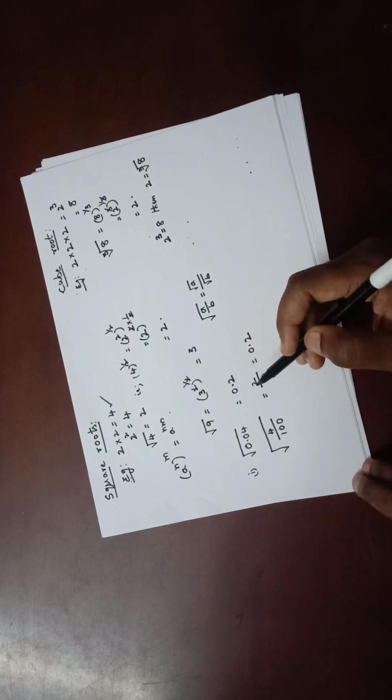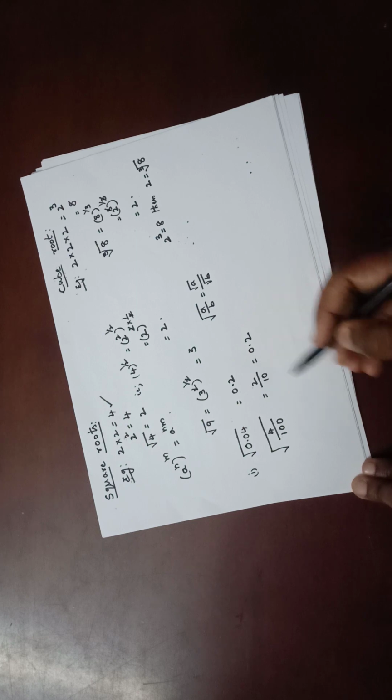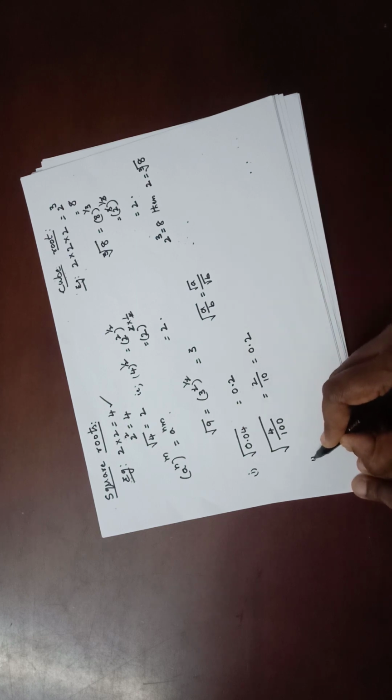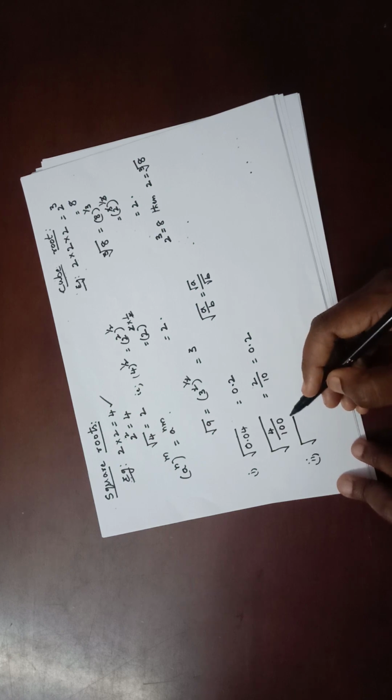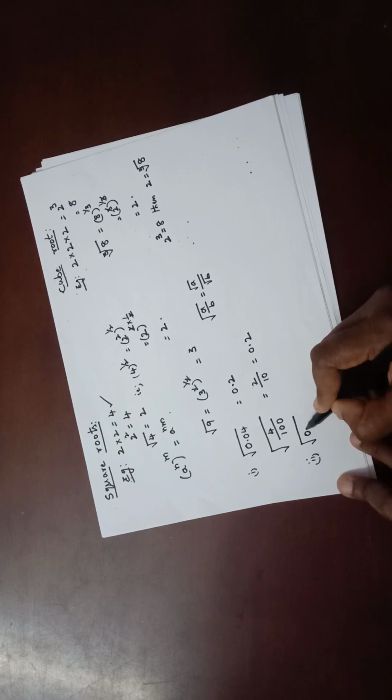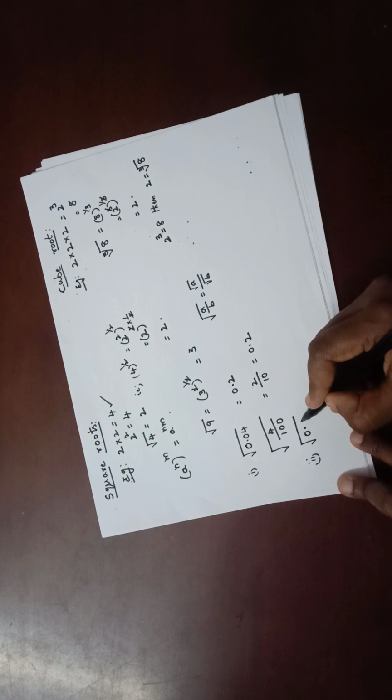So one more bit I'll take. One more similar bit. Square root of 0.0025. Now I'll take 4 decimals.